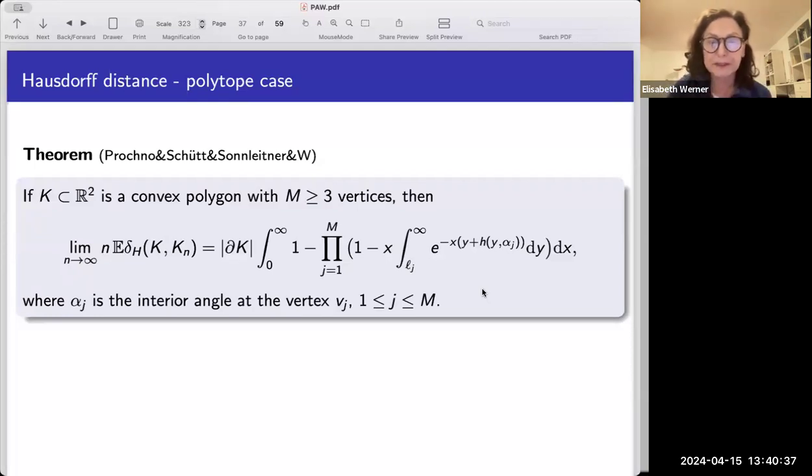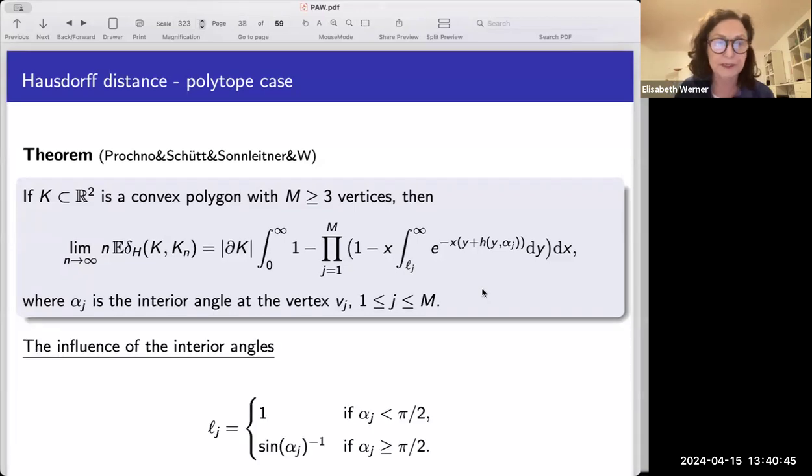Now let me explain the things that appear on the right-hand side here. So there is an integration bound Lj. So what is the integration bound Lj? This is related to the interior angle alpha j at the vertex vj.